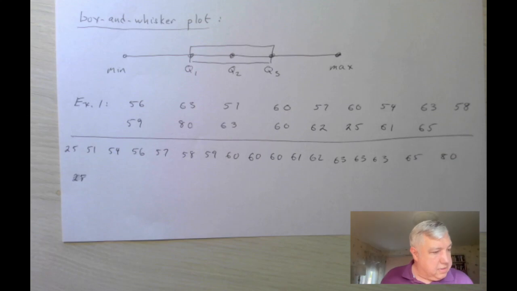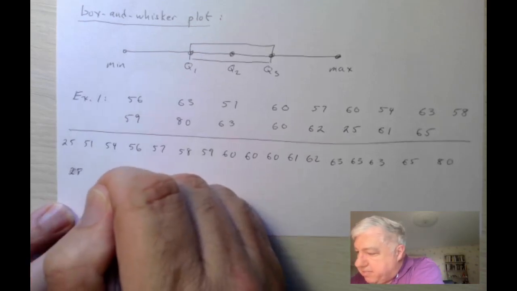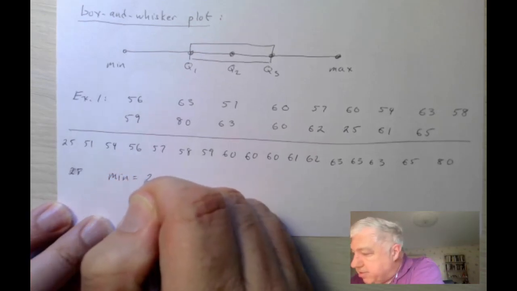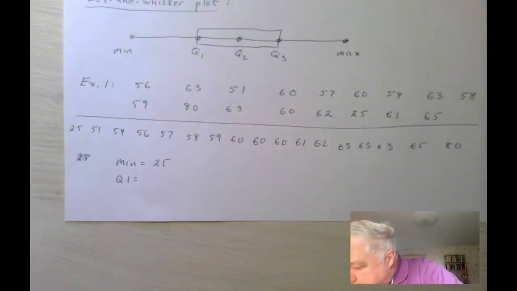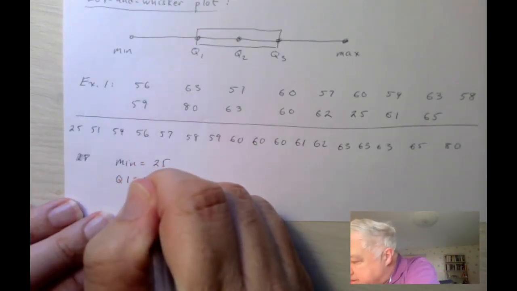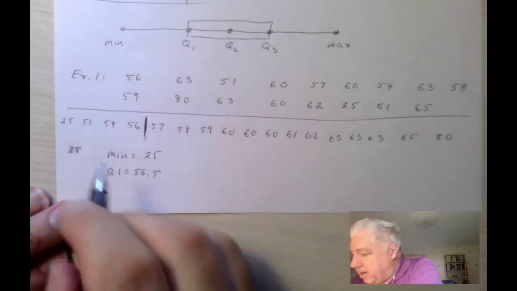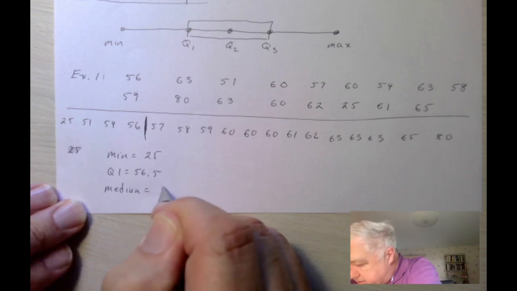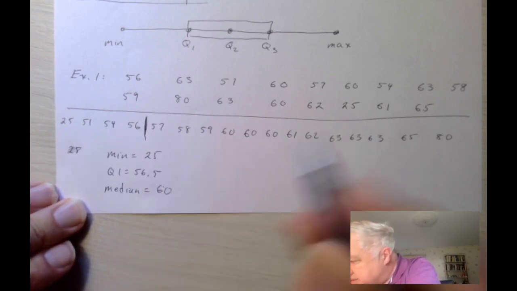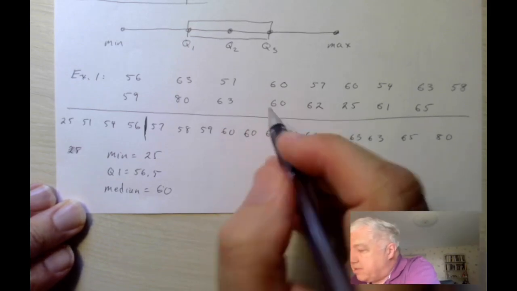So maybe we'll just write this down. Q1, we said, is 56.5, and that's about right here. The median, we said, is 60, and we can put it about right here.